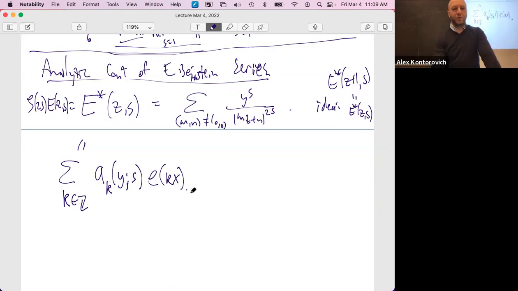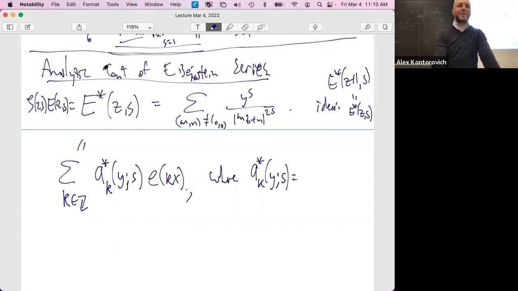So what is this coefficient a_k of y, s? Let's call it a star, so that we remember there's a zeta that we've put in. When we go back to the original Eisenstein series, we have to divide by zeta of 2s.